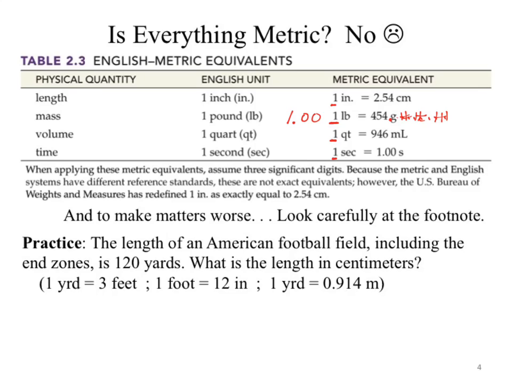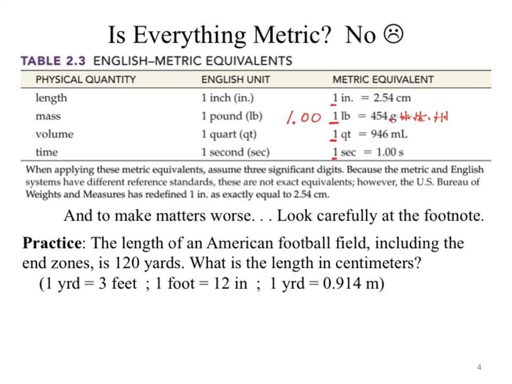It's an exact conversion, which means how many sig figs? That one's infinite. So some of these are infinite, some of these aren't. When you're doing a conversion, use as many numbers as are given to you. Always use as many as are given. You have to be careful that in some cases you're using an exact measurement as opposed to one that is inexact, where you have to count the sig figs.